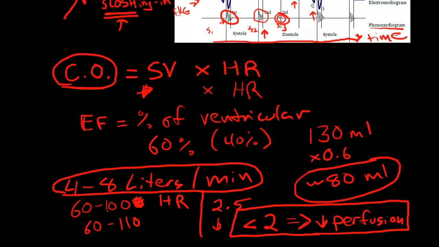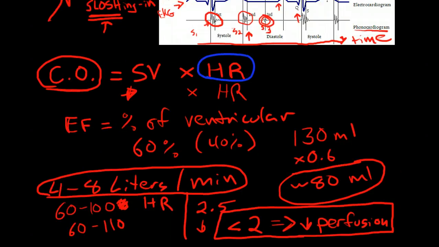Now, interestingly, I didn't talk about this with the arrhythmias, but it's interesting to think about how arrhythmias can affect cardiac output. If you have a patient with severe bradycardia, you're going to decrease the heart rate significantly. I worked for a period of time on a cardiology floor, and there were a lot of patients getting pacemakers, and I noticed a pattern that people could tolerate being bradycardic to around 30 beats per minute.